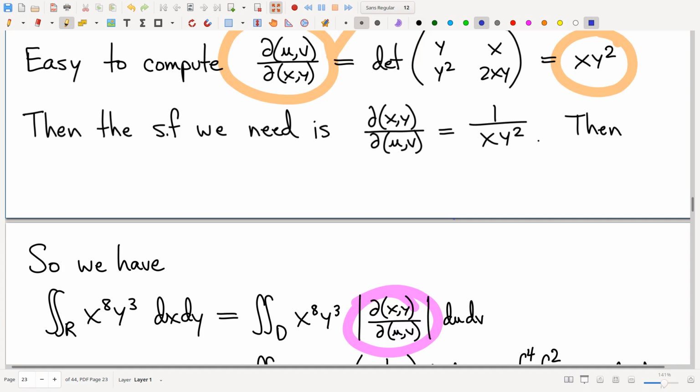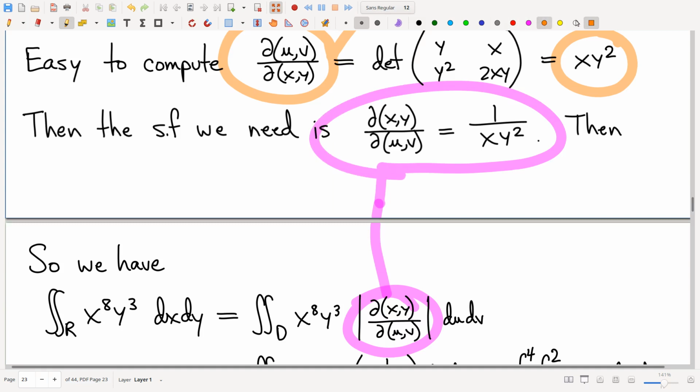I have formulas for u and v. So this Jacobian determinant I can compute. I need, however, the reciprocal. And so this thing that we actually need, I argue, is the reciprocal of the thing we actually have. What do you think? Everybody good?